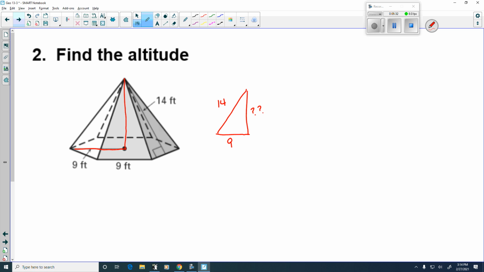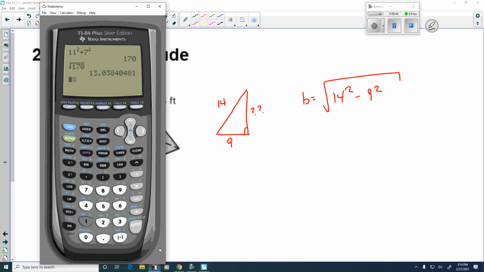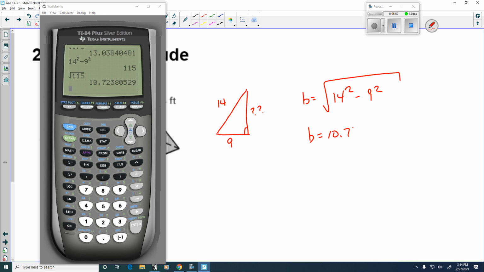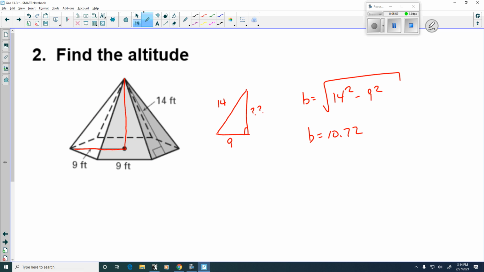Now you can see that that's, again, a right triangle, but this time I know the hypotenuse. It's the other side I don't know. So it's 14 squared minus 9 squared. Or in my calculator, 14 squared minus 9 squared. And then the square root of that. 10.72. And the units are feet, because the units in the problem are feet.